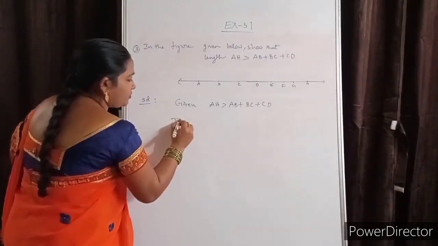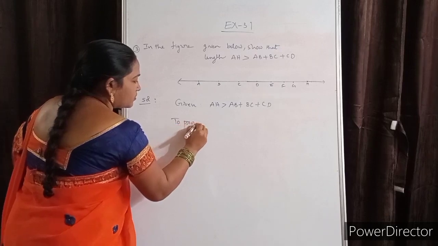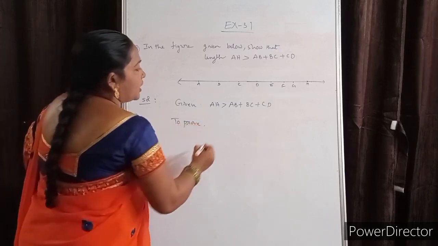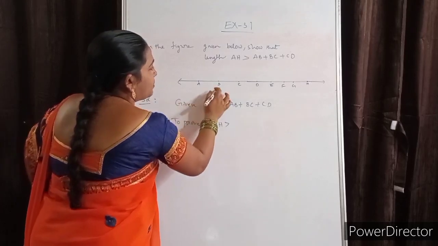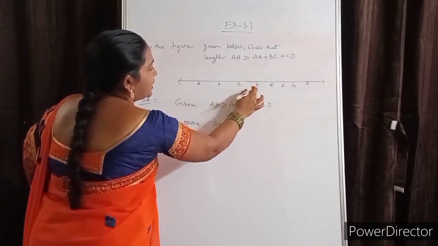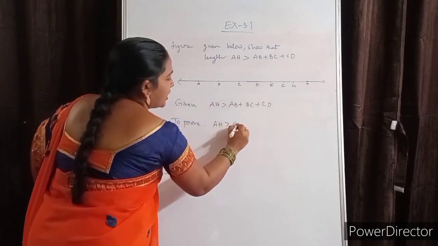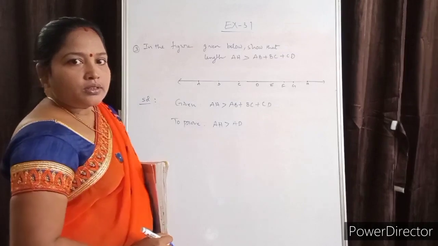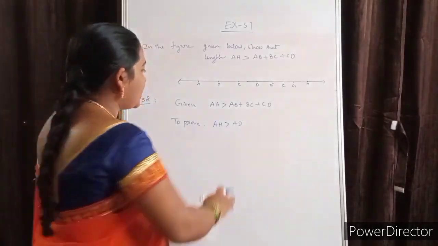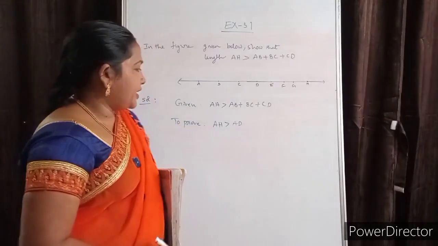To prove AH is greater than AB plus BC plus CD, which means AD. We have to prove AH is greater than AD.